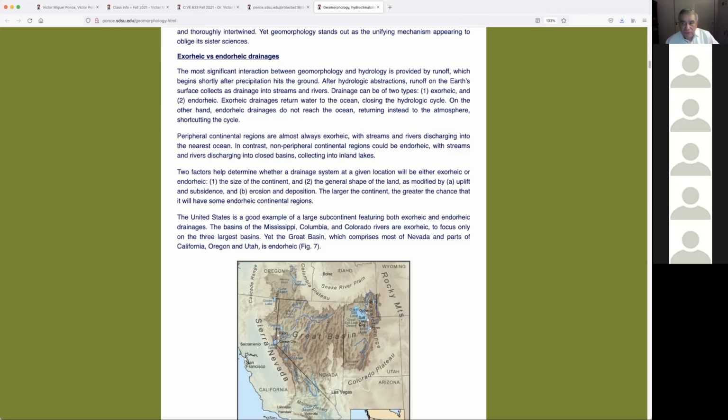The mouth of a certain basin or watershed drops its water into the next downstream basin, which eventually, after a succession of these situations, drops the water into the ocean. We call that exorheic. Endorheic is the opposite. There is no mouth. Technically there's a center of the drainage where everything collects.